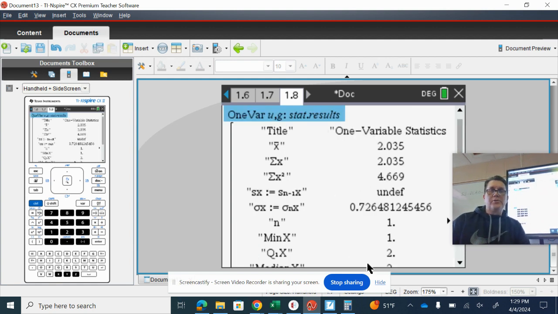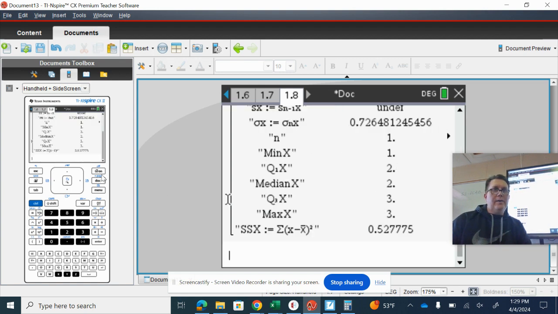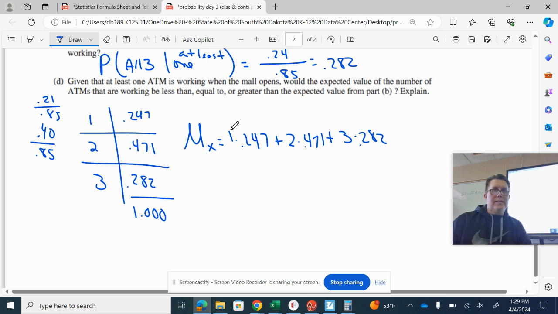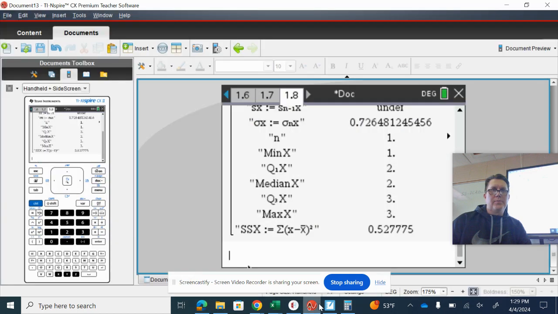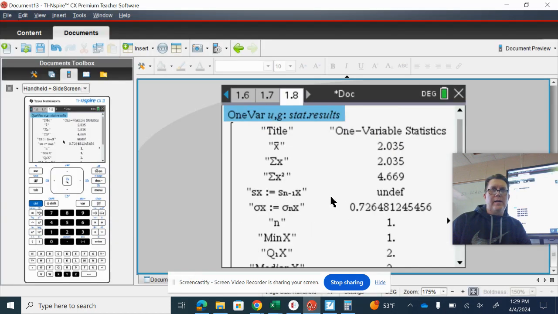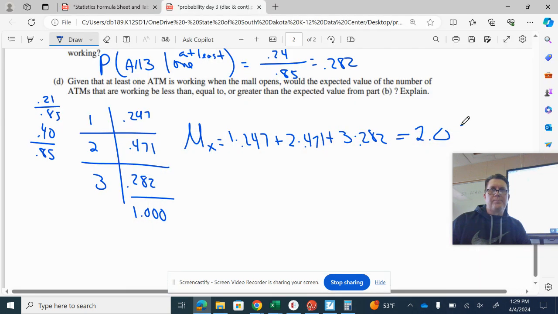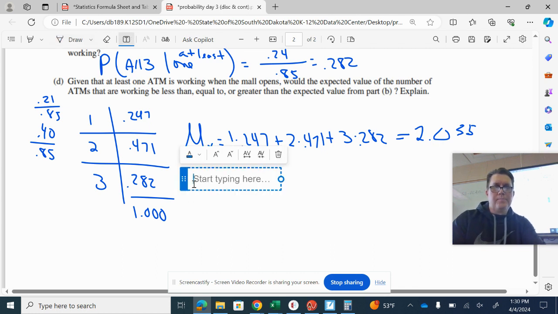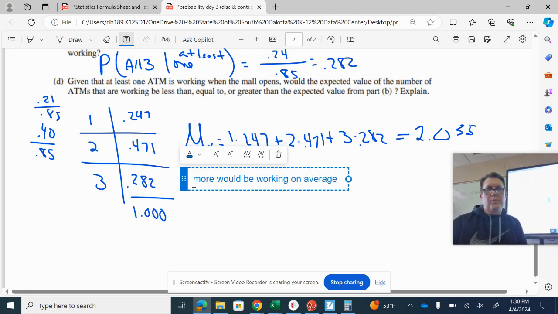We'd expect over 2 to be working. Now, you can actually take those values and test it out, this times this. 2.035. So I would expect more would be working on average.